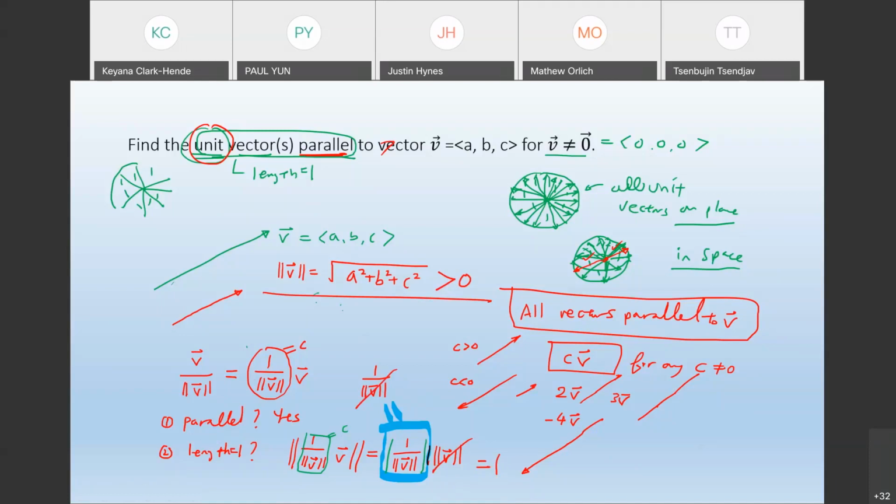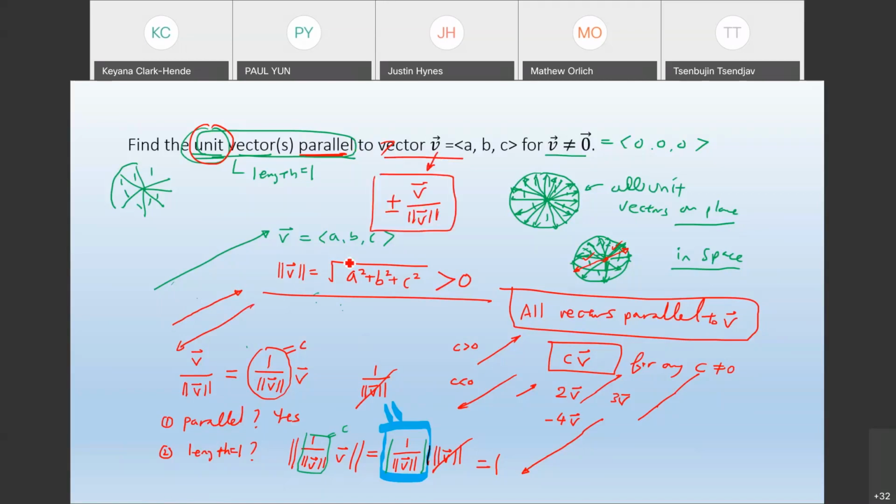I'm so glad you understand it. This is an important concept. I see this silly argument appear so many times. Whenever they say a vector parallel to this guy, just simply say vector divided by the length of this guy, and you're parallel and length 1. How about this guy?